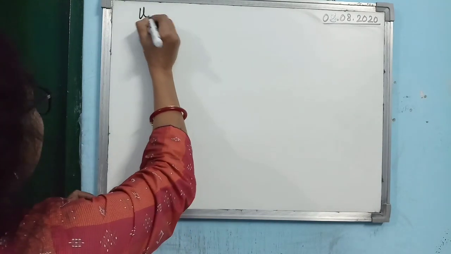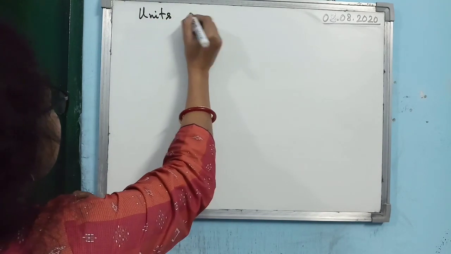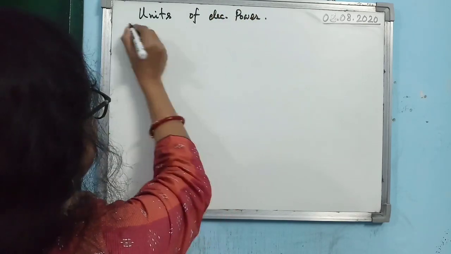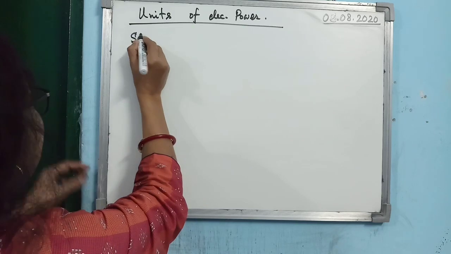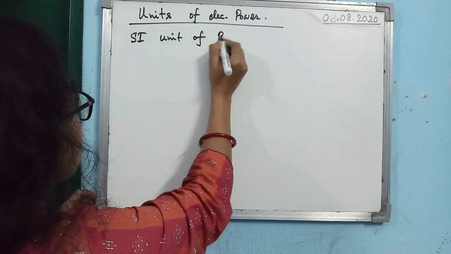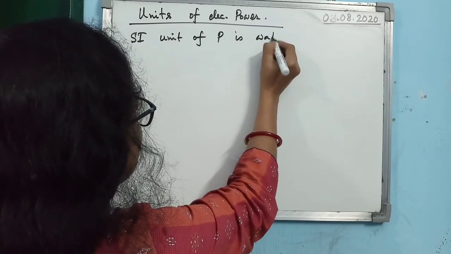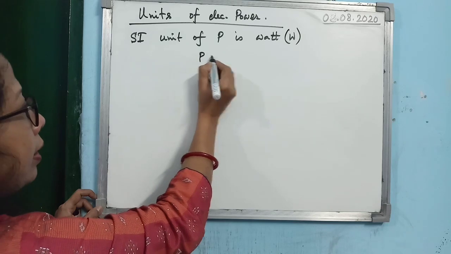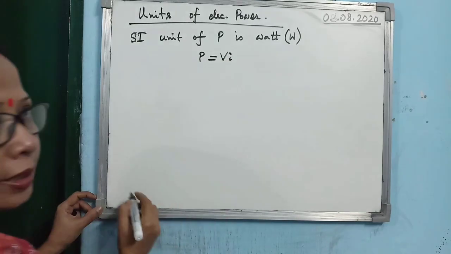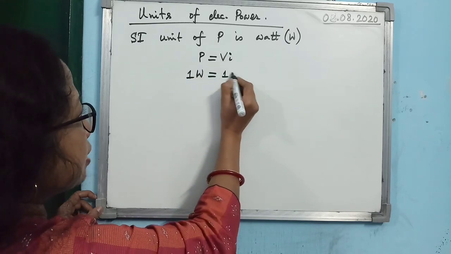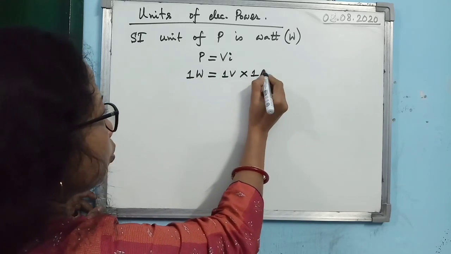Then next, what are the units of electrical power? SI unit of electrical power is watt, just like the mechanical power. But in this case we define it in a different manner. P is equal to V into I. So when P is 1 watt, then V is 1 volt and I is 1 amp.